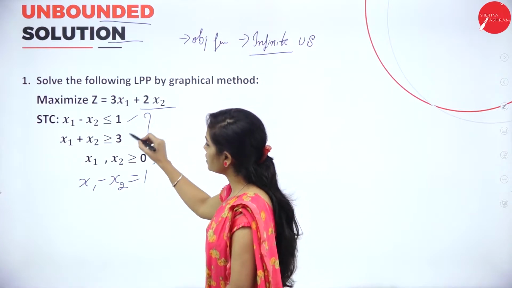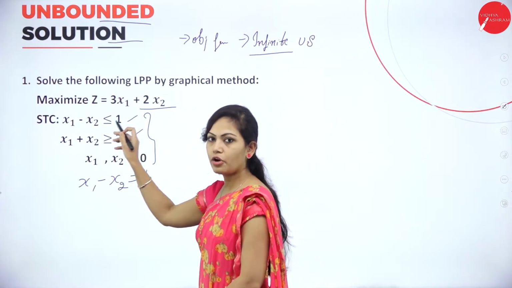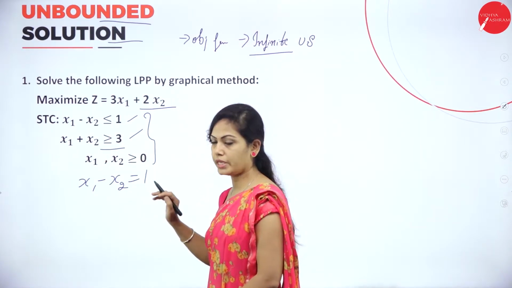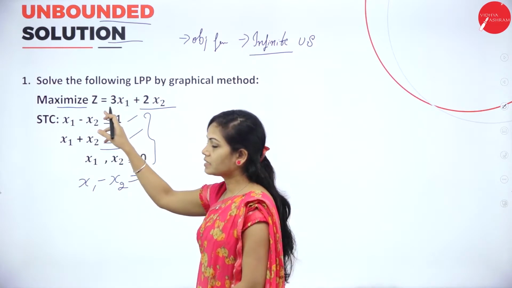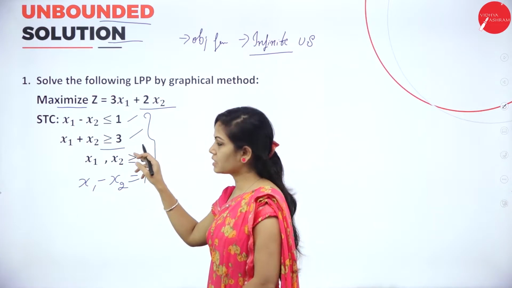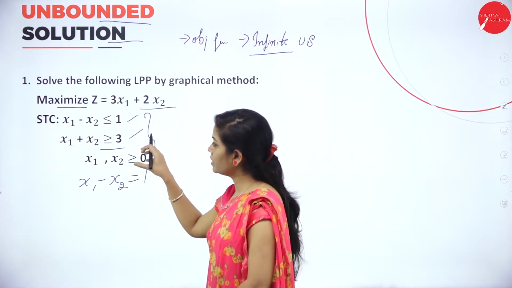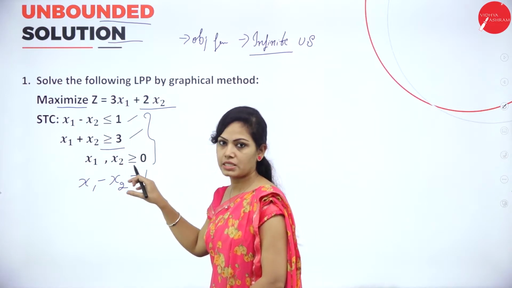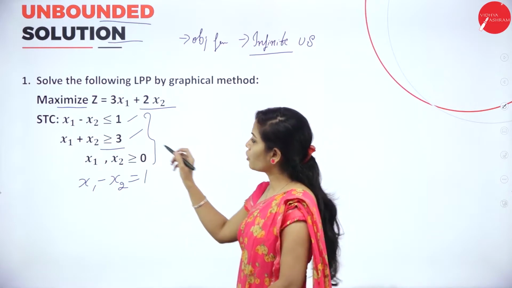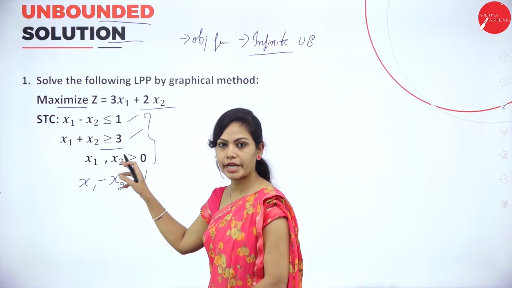Observe these two constraints: the first is less than or equal to 1, and the second is greater than or equal to 3. Here I have max Z equal to the objective function. In my last session, I discussed maximization with less than or equal to constraints, but here you have mixed constraints. So in this problem you will get an unbounded solution, because one constraint is less than or equal to and another is greater than or equal to.